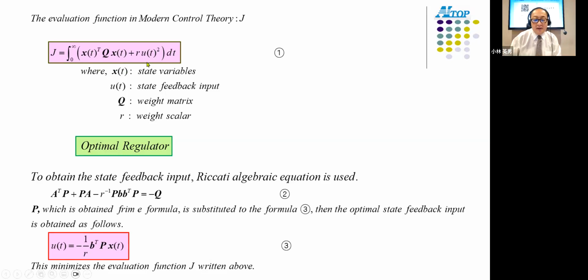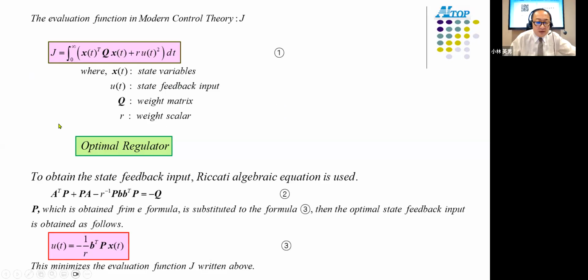In accordance with the magnitude of this u(t), the first term changes with u(t). So to minimize J, the control is made.